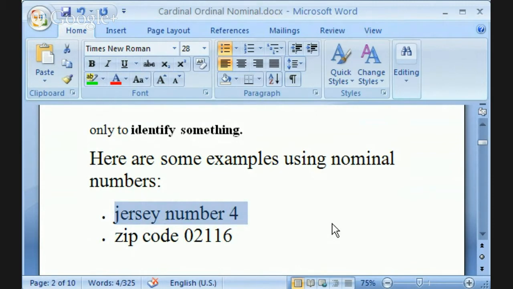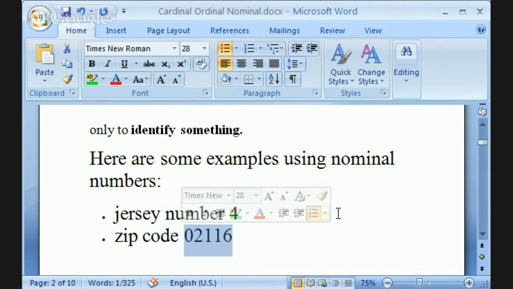It identifies him. Zip code or postal code is like a name. Your street address, 312 Oak Street, that is a nominal number. That is the name of your address. Okay, a telephone number, that's a nominal number. Okay, so those are the 3 types of numbers.